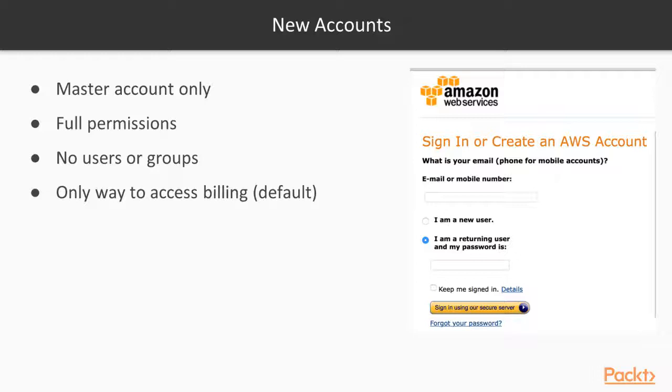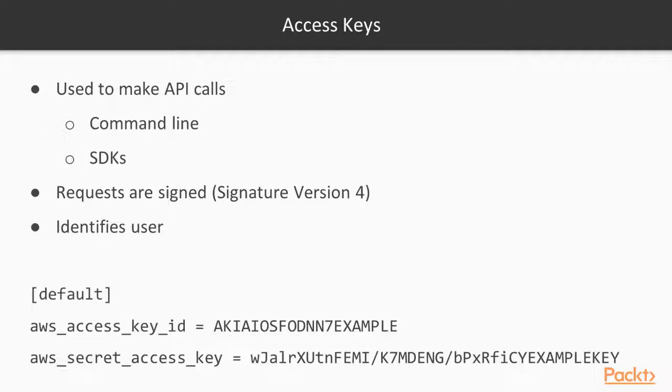Once the user is authenticated, the AWS service checks that the user has the proper permissions to make the request. Credentials are typically stored in a plain text file on the machine from which you are making the request. The credentials for the master account will give anyone who has access to them full permissions. So as you can tell, the permissions file for the master account must be kept very secure.